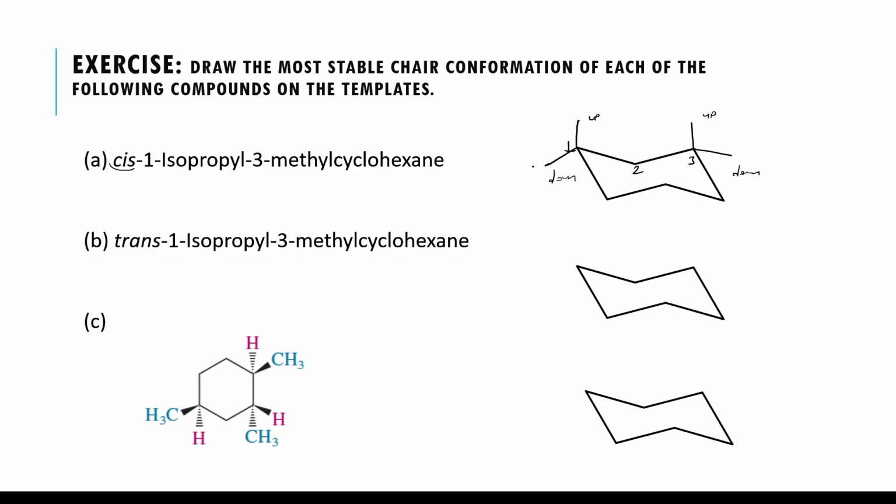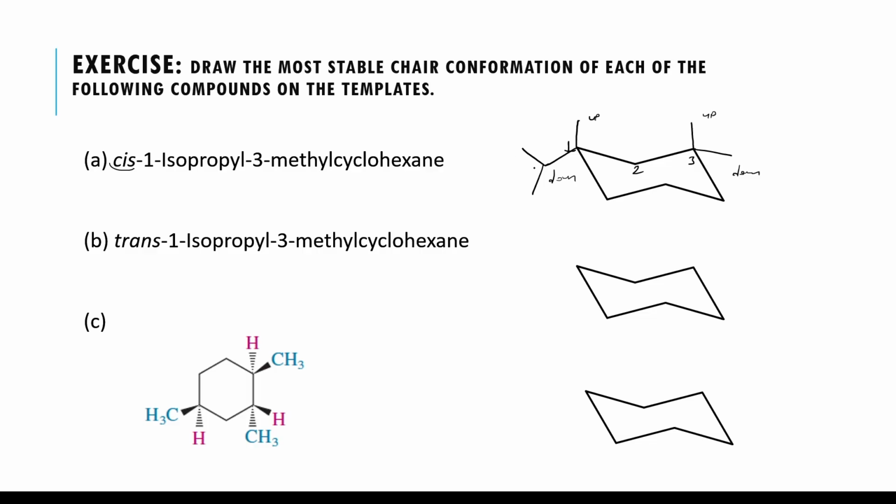So for that reason, I'm going to place both isopropyl and methyl on the equatorial position since they are both facing downward and it will be a cis isomer.